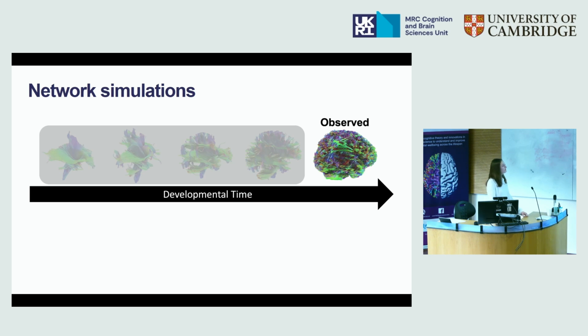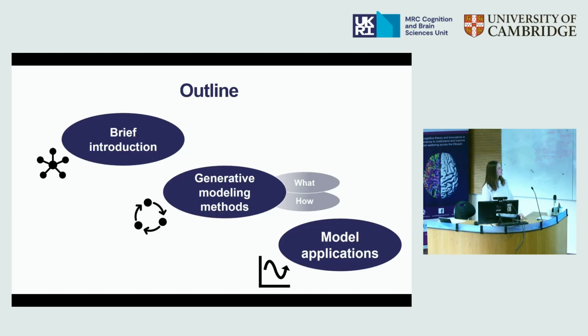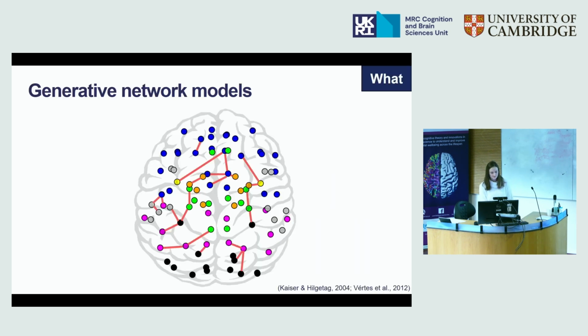And so this is where modeling becomes very helpful, because we can actually generate a simulation that grows over time. And if we match that simulation really accurately with an observed network, we then can get some information about how that network might have emerged, because we do know the economic constraints that our model was grown under. So that was the very brief introduction, and now I'll get into generative modeling methods, specifically what is the model doing.